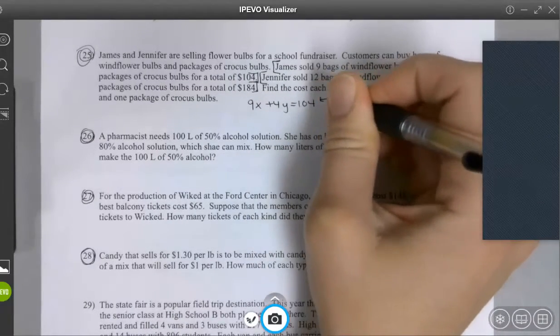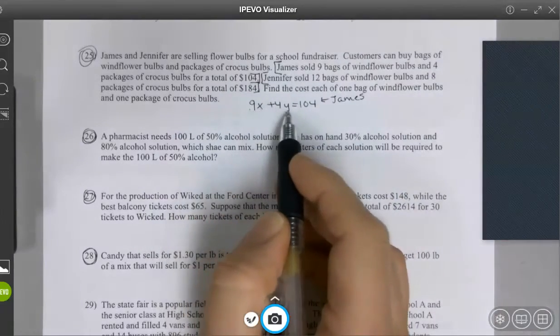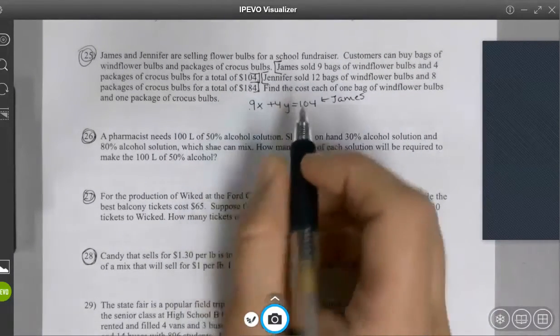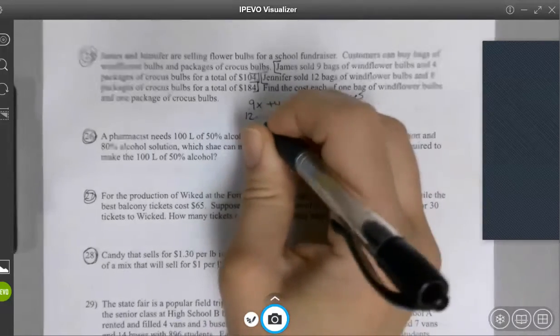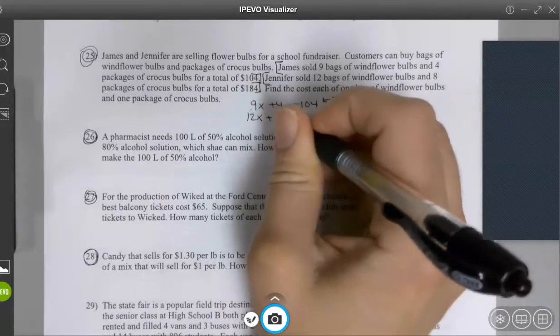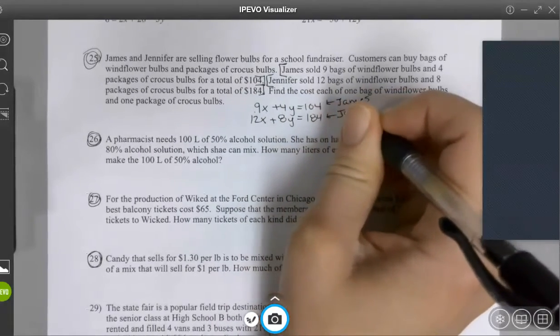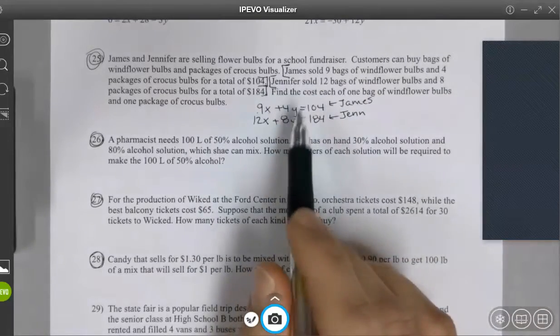This is James. He sold 9 of these, 4 of these, made this much money. And Jennifer sold 12 bags of the first and 8 bags of the second and made 184. This is Jennifer.